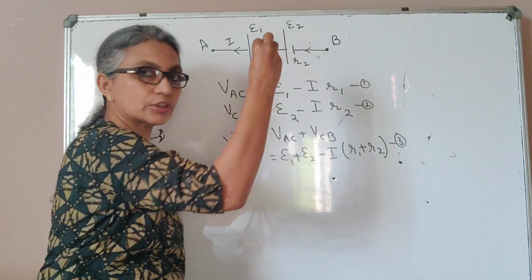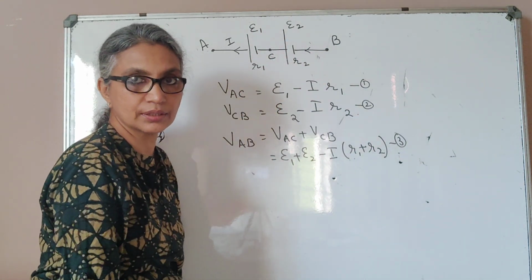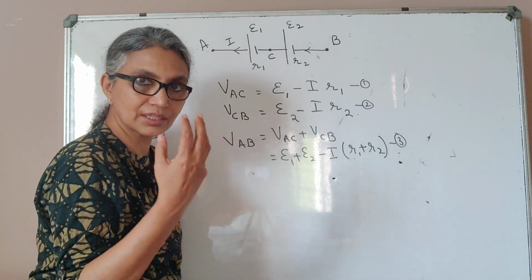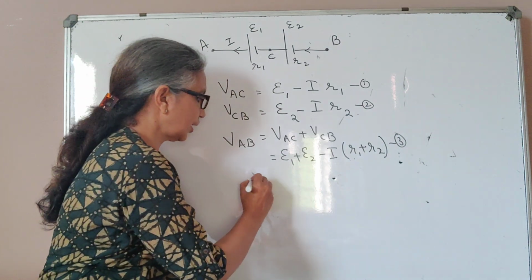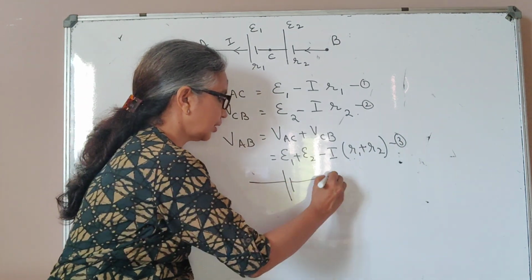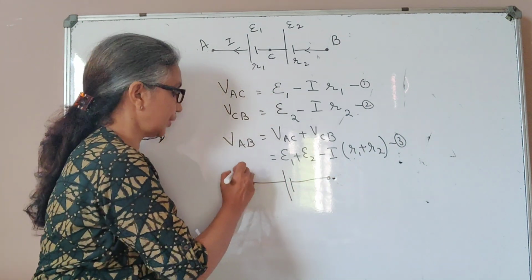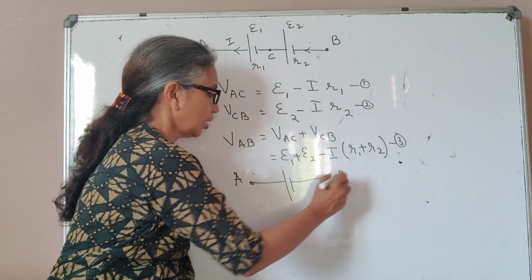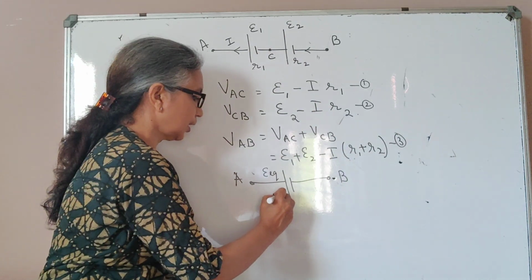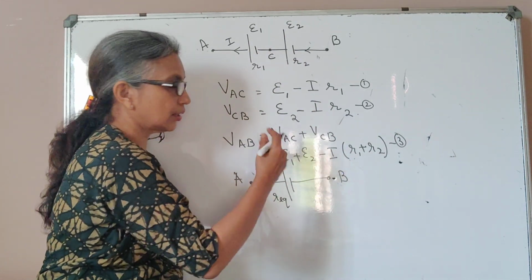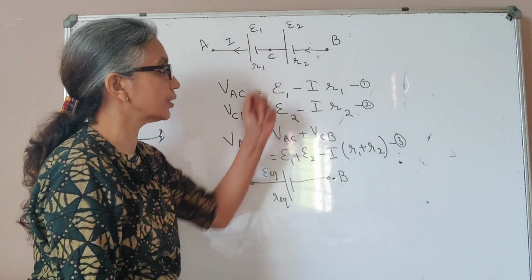Right? Now I'm going to find the effective. That means I'm going to remove the two cells and replace them with a single cell whose EMF is the equivalent of these two in series. So then I will have a cell like this between the two points A and B, whose EMF is the equivalent of these two in series, and the resistance is the equivalent resistance of these two in series.